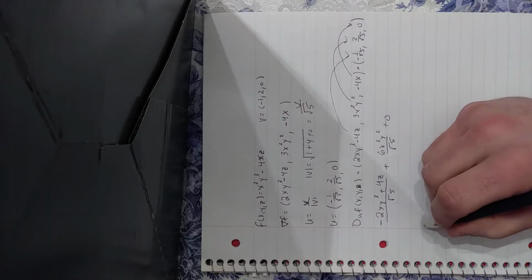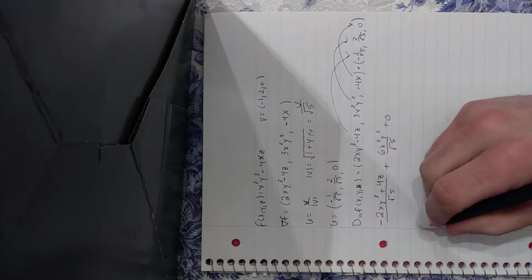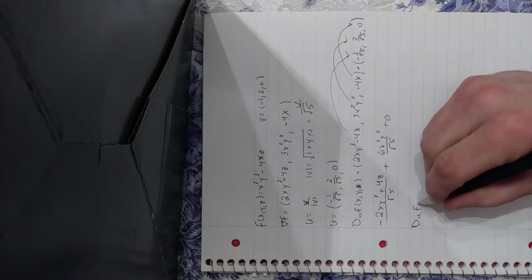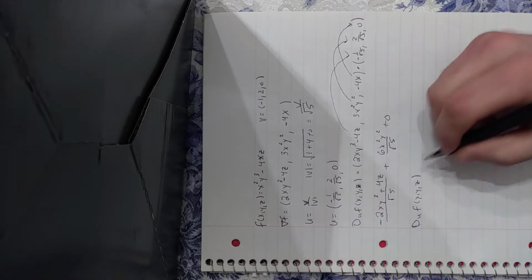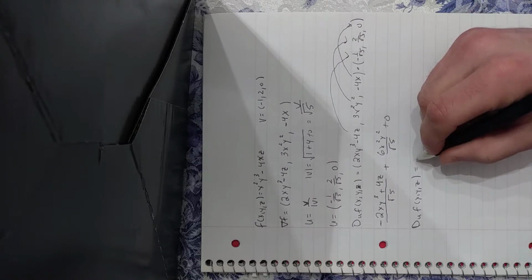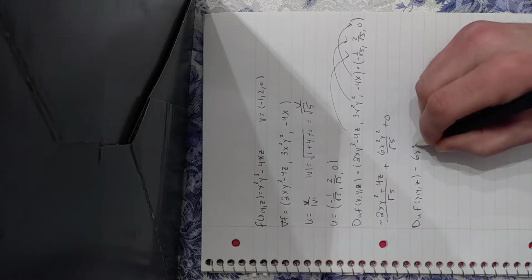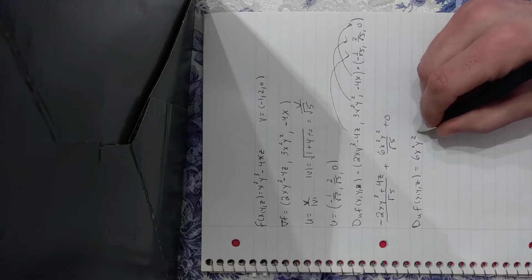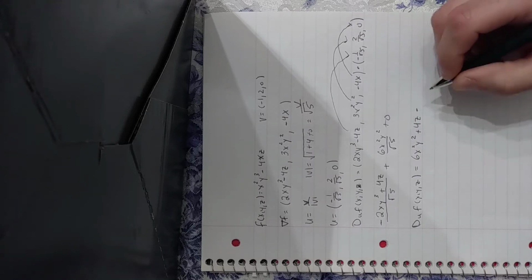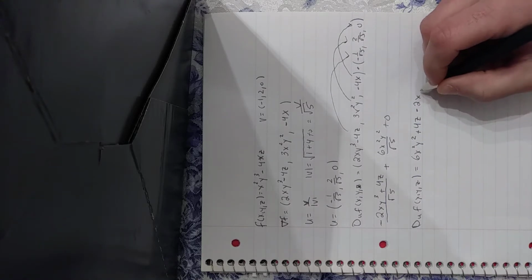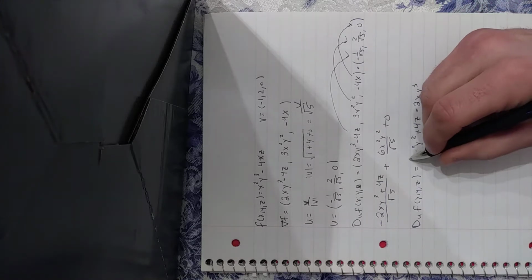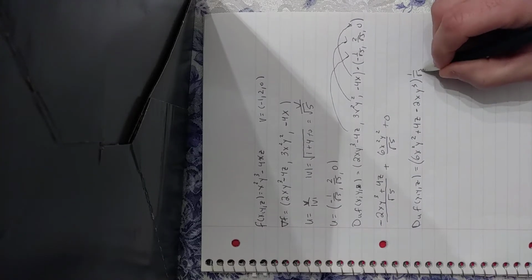So if we combine like terms and maybe take out the square root of 5, our directional derivative will be 6x squared y squared plus 4z minus 2x y cubed, all multiplied by 1 over the square root of 5.